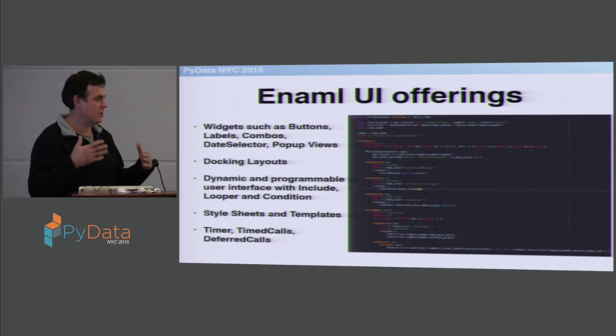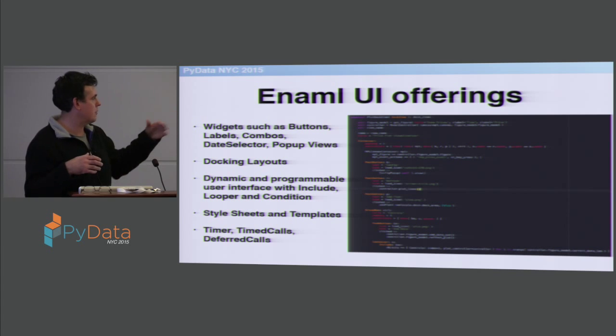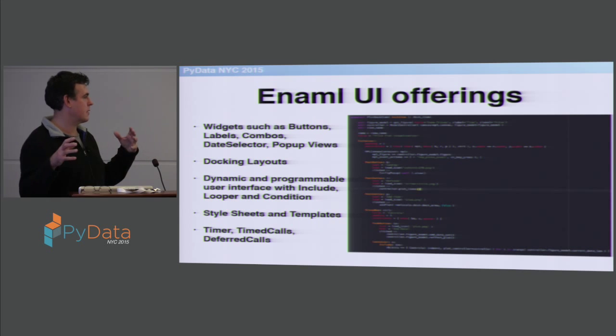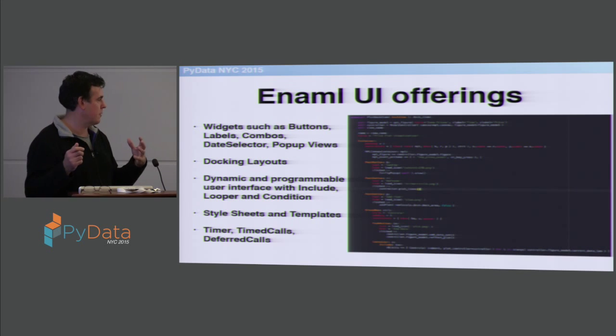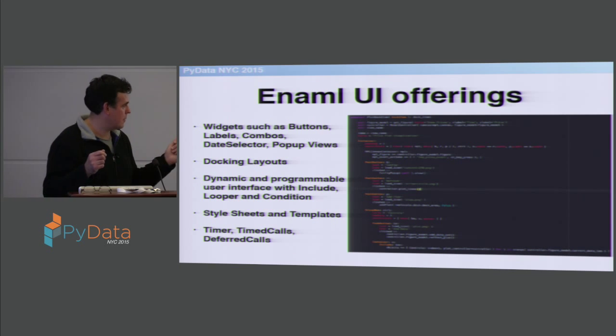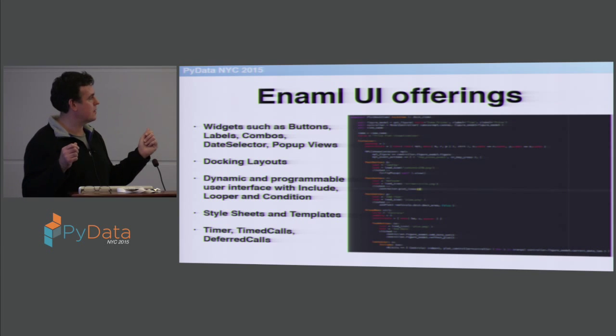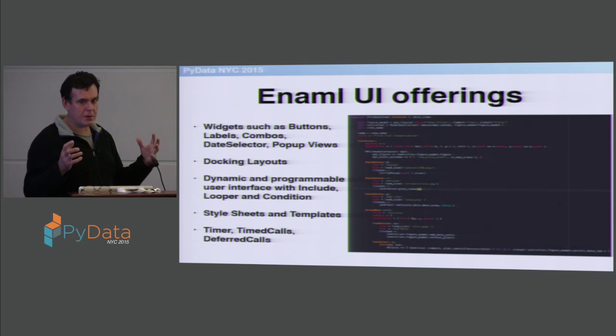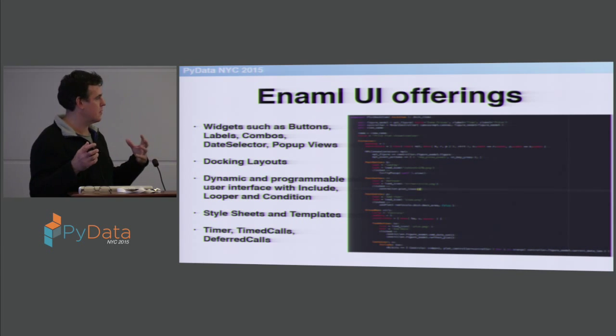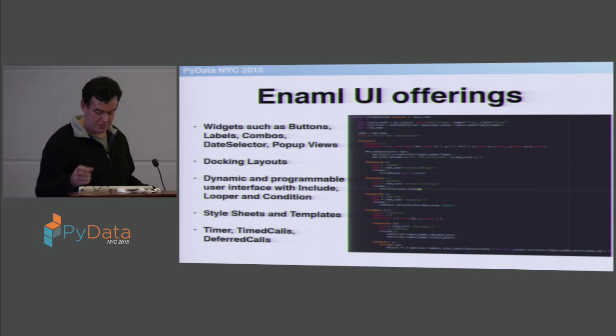So there are additional features built into Enaml that allow you to do that. There are also style sheets and templates. I'm not going to talk about that. This is something you can use to spice up your views. There are also timer and deferred calls, which I'm going to talk about. I have a timer example. So it's a rich offering that allows you to really build rich UIs out of the box.